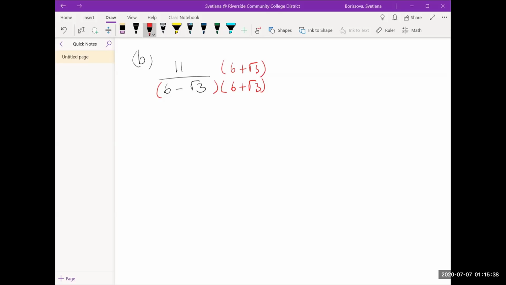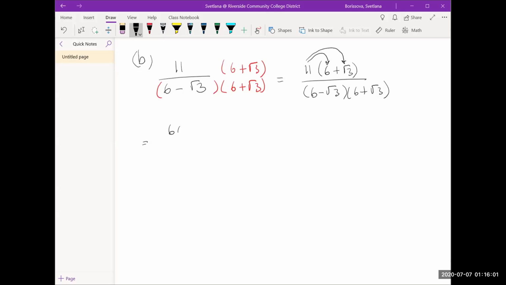Okay, very good. So let's see. It's 11 times (6 plus square root of 3). And then in the bottom, it's (6 minus square root of 3) times (6 plus square root of 3). In the numerator, I will distribute.